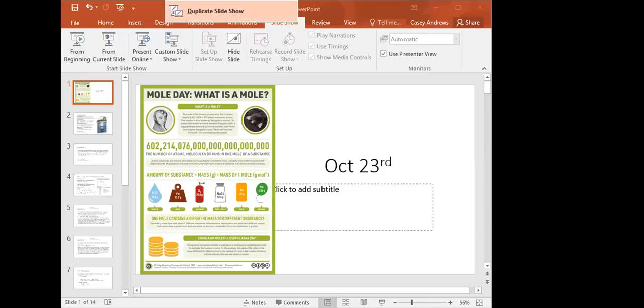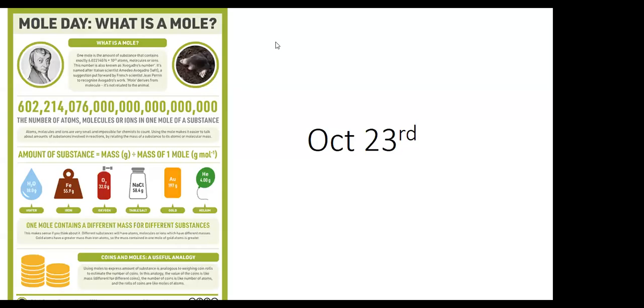By the way, today is October 23rd. Happy Mole Day, everyone. Remember, Avogadro's number is 6.02 times 10 to the 23rd. October 23rd is Mole Day. So that's when all the chemistry people can be super nerds and be like, hey, look, October 23rd, Mole Day.